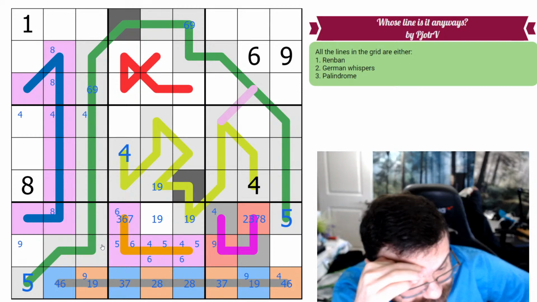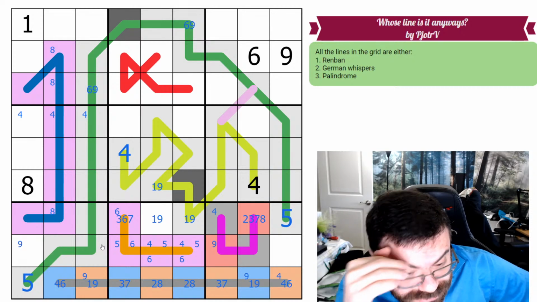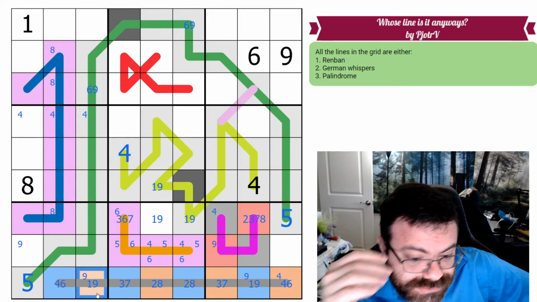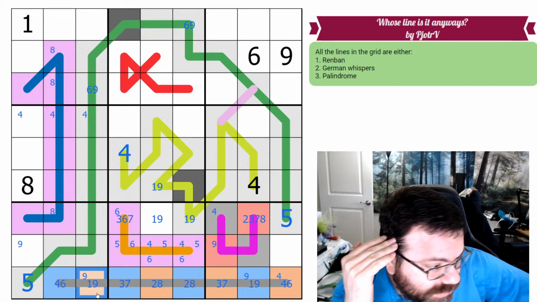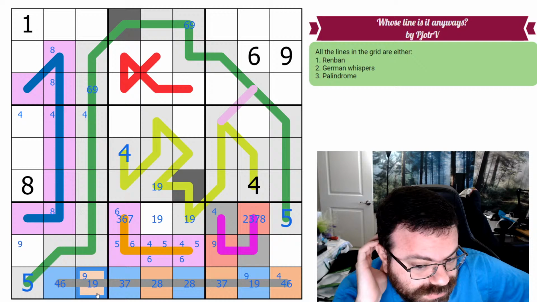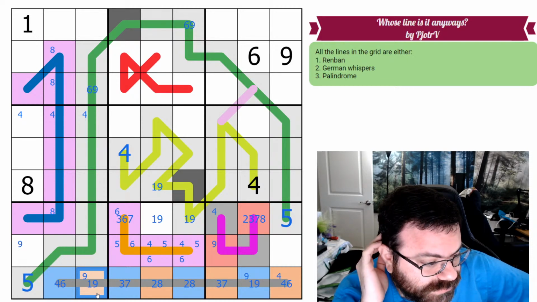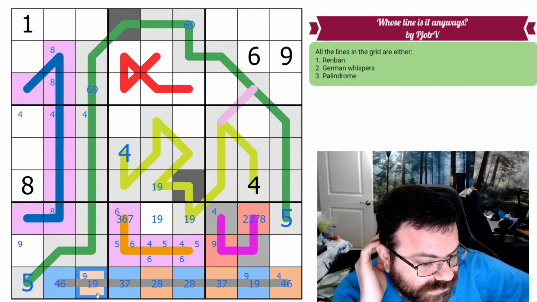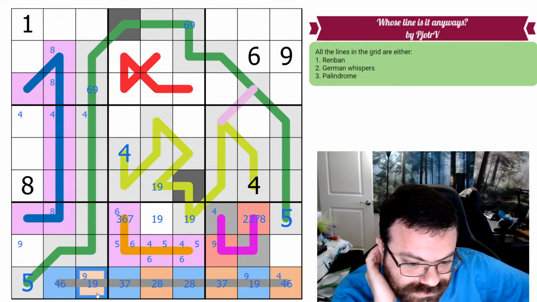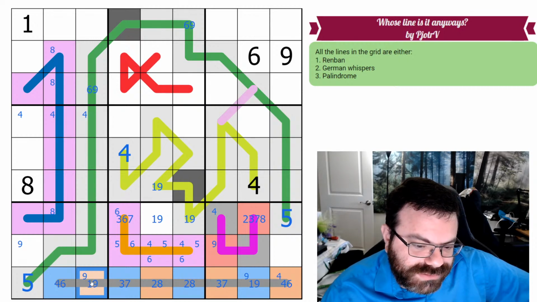Row 8, column 1 is in box 7. Is that what you're talking about? I mean, it can be here, right? I think you might have made the same mistake as Jessica, as missing that this can be 9.